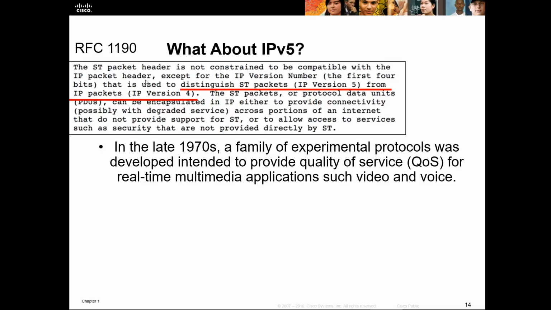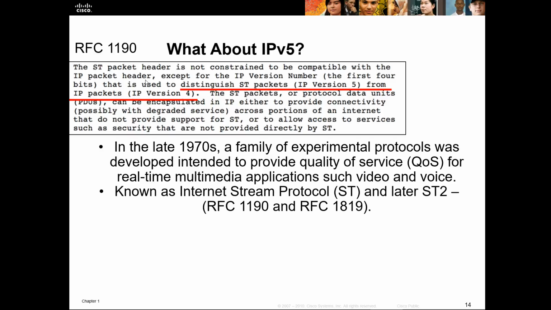So again, what about IPv5? In the 70s, a family of experimental protocols was developed, intended to provide QoS for real-time multimedia applications, voice and video. Essentially what happened was people didn't get on board, and so IPv5 is gone.